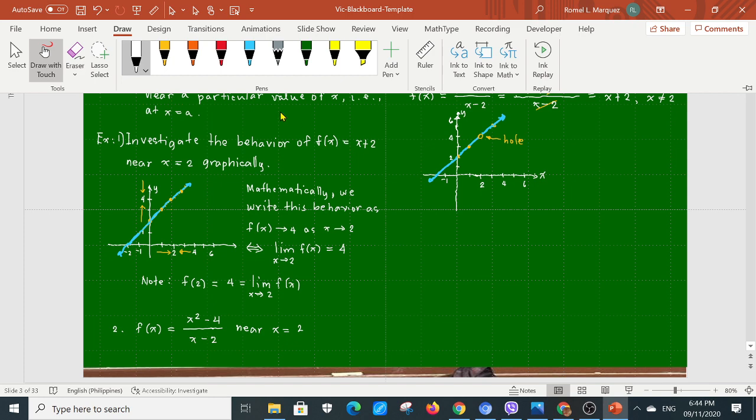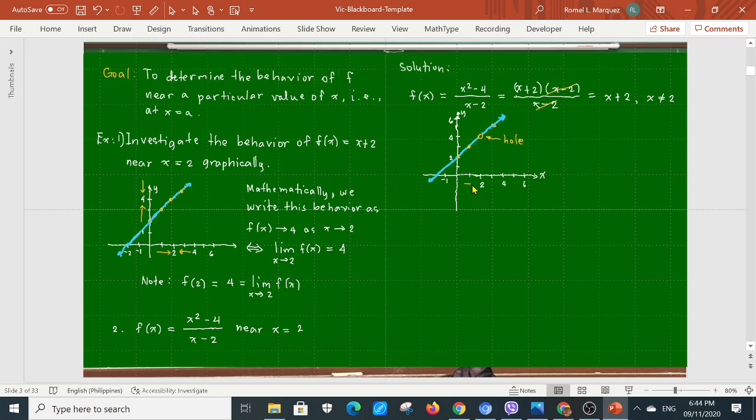So again, we want to travel along the line approaching this number. As I travel from the left along the line, I will approach this hole. Meaning what corresponding value am I approaching?